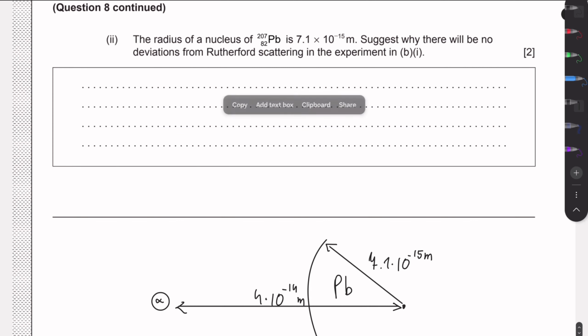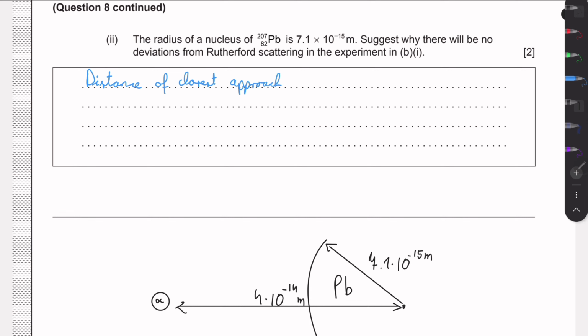So we can say the distance of closest approach is larger than the radius of the nucleus, and so we will only have the electromagnetic force.